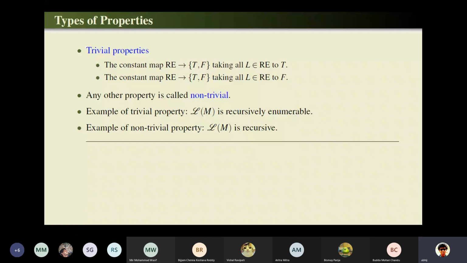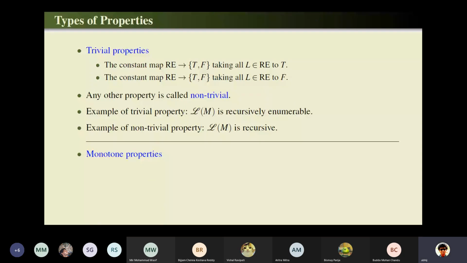Then I talk about monotone properties. Monotonicity is with respect to set inclusion. The monotonicity says that if the property holds for any RE set L, then if I go to another RE set L prime which contains L, it will have to be true.